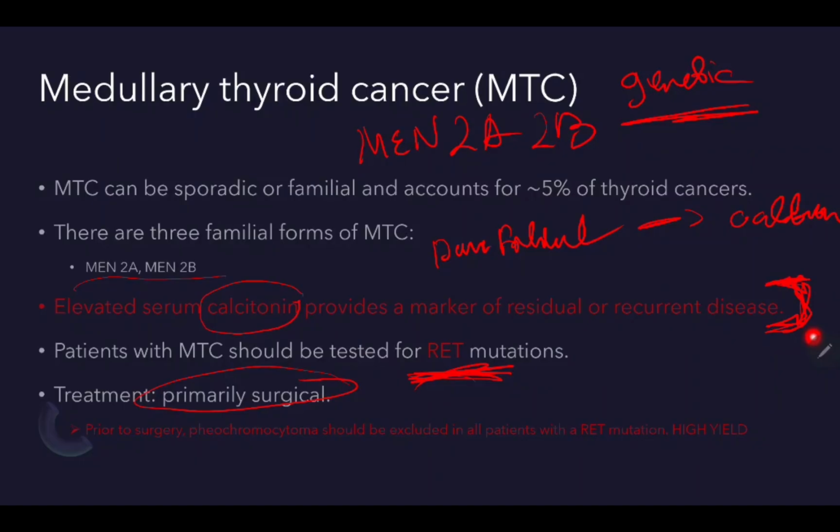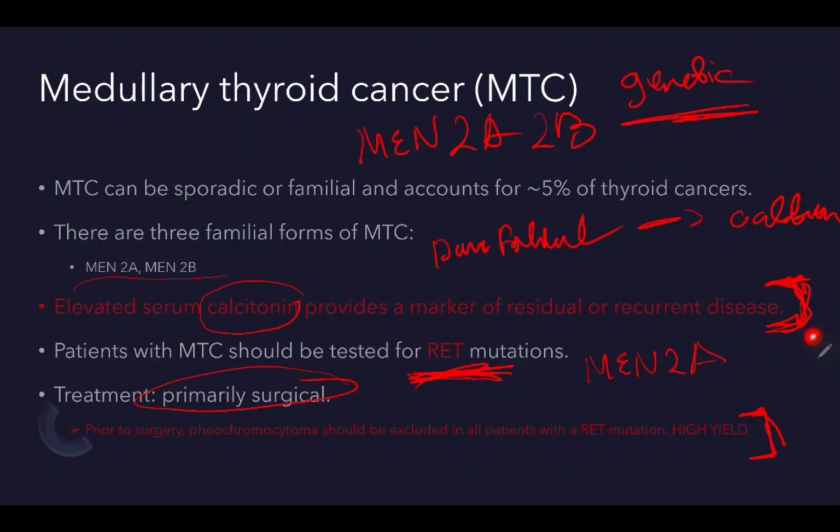And here you also need to know this, that's high yield. If you have MEN 2A, you will have the two P's and one M, which means you have the parathyroid adenoma and the medullary thyroid cancer, also pheochromocytoma.